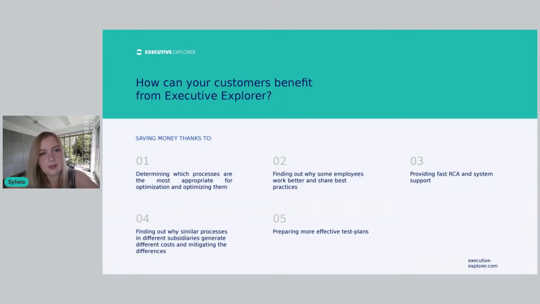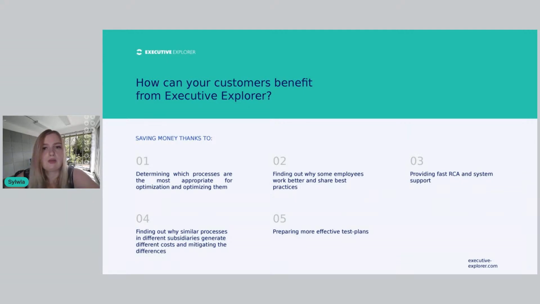And another thing, with our Executive Explorer we can provide very fast root cause analysis and system support. That is because, as I've previously mentioned, our Executive Explorer records every click, everything that was typed, every option selected, everything is being recorded.